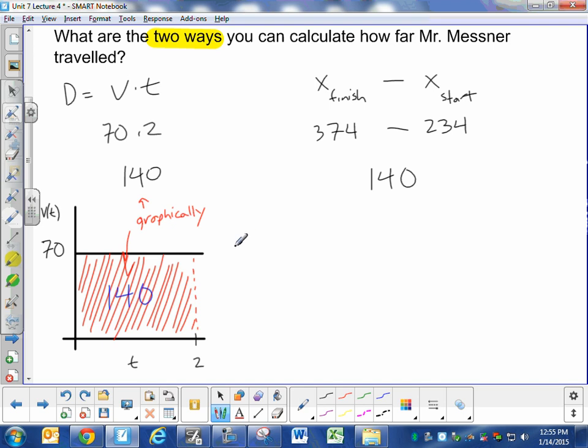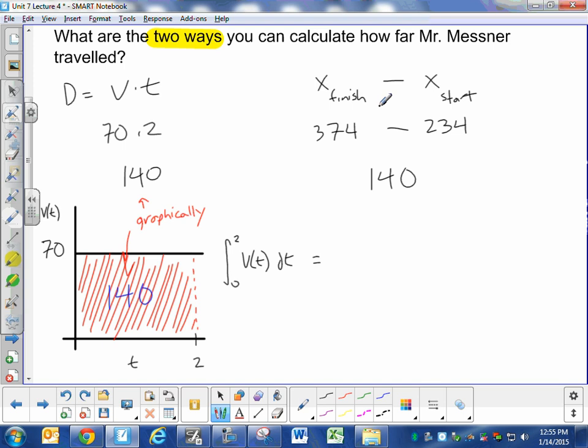So that means I can say that the area from 0 to 2 under my velocity curve was 140. Well, areas under curves can also be calculated by taking something else and using it to find that area.